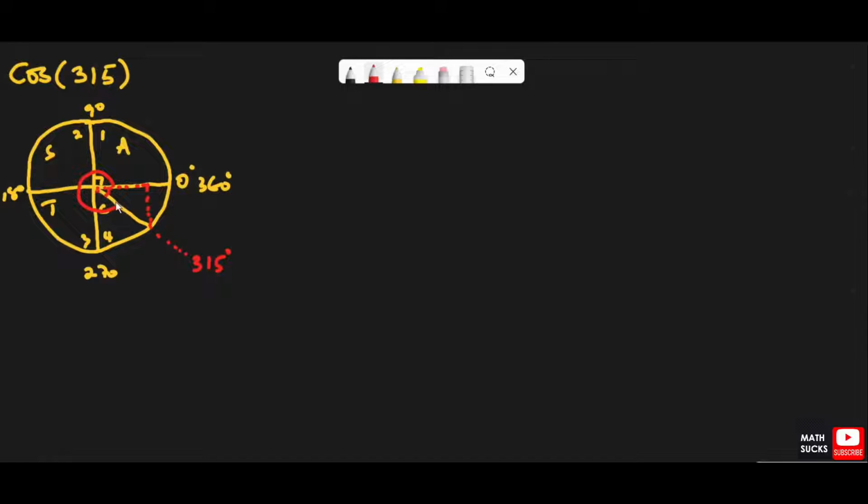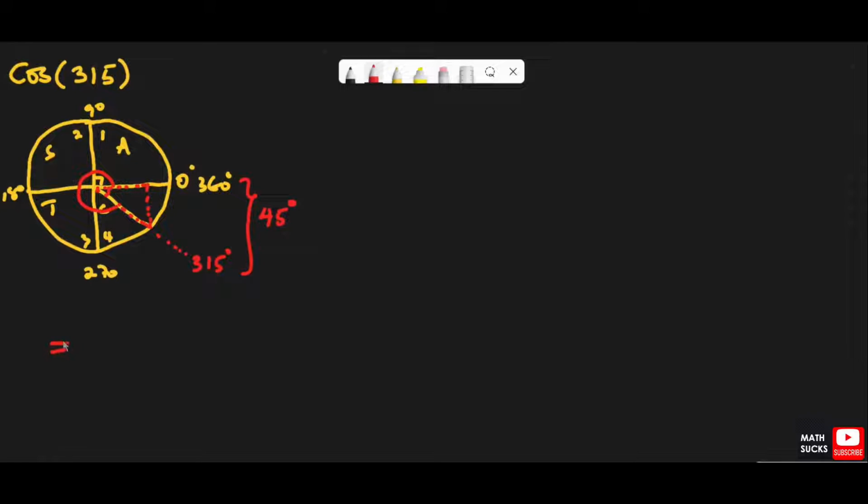To get the angle, we take 360 minus 315, and this is going to give us 45 degrees. But what does that mean?